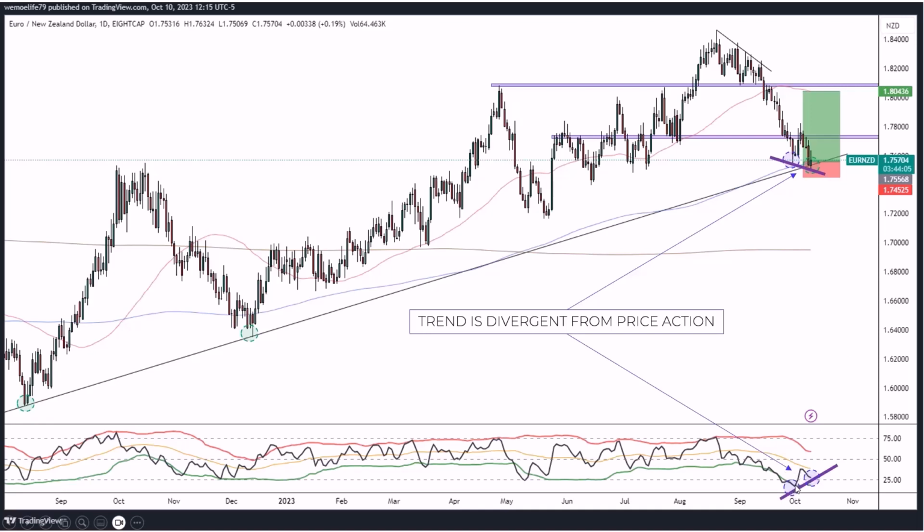So the shark fin is lower on the TDI, but on price action, it's higher, and the current price is lower, on a trend line, on a MA. So we can take this with confidence that price will push up.